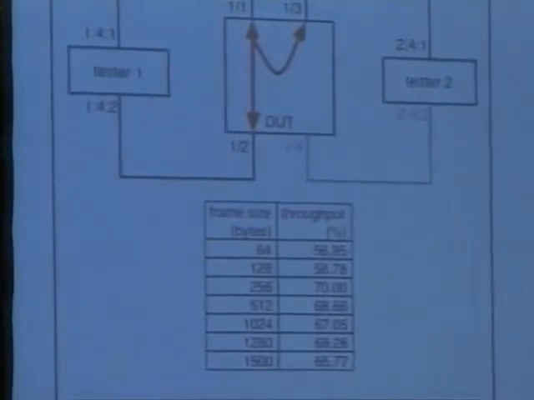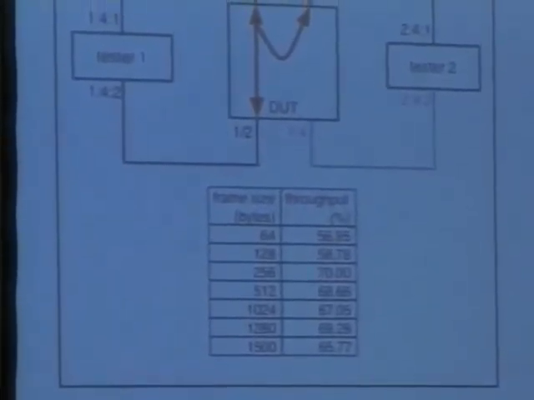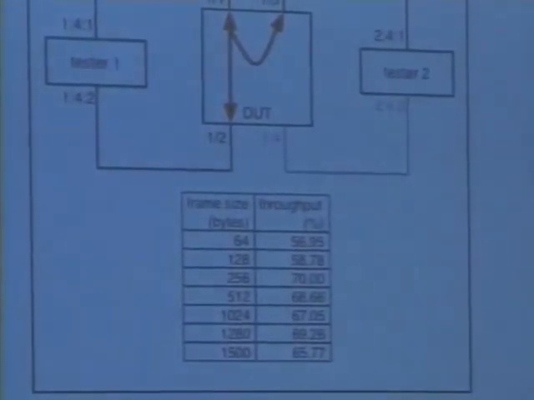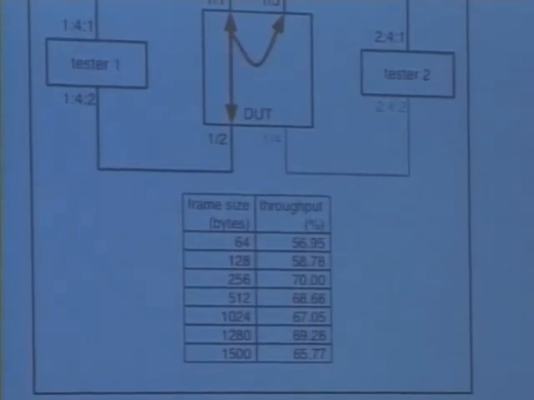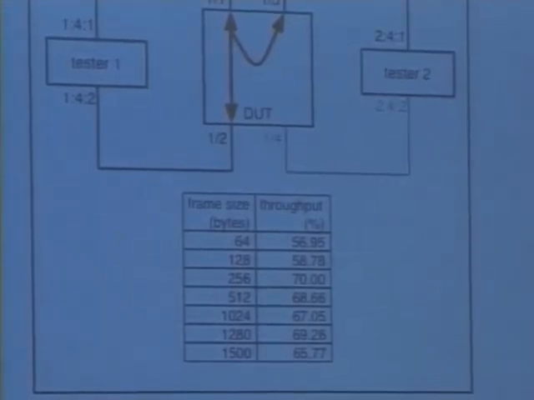Well, then you can go up to about 56% of the traffic, depending on the frame size, up to 70%. So it's between 56 and 70%. Above that, you have frame loss on your traffic that is live, not the traffic that you are monitoring, the traffic that you are switching. So this is a quite interesting thing.